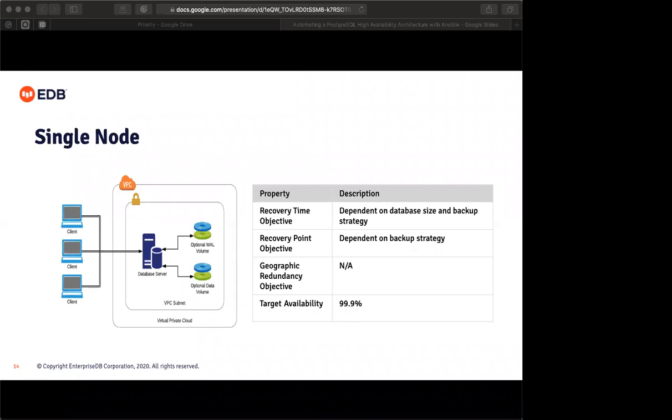It gives you a 3 nines target availability. You can use it in a production system where, if something happens to your node and you have a virtual machine, you can create automation to spin up a new virtual machine and mount those volumes so that you can make your system available all the time.